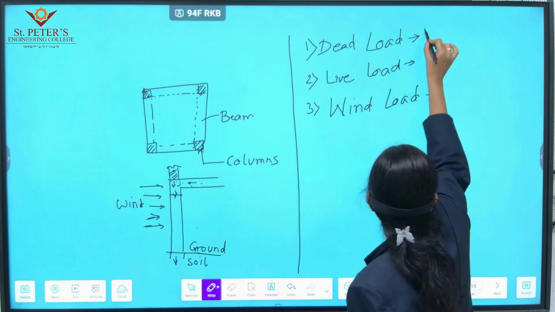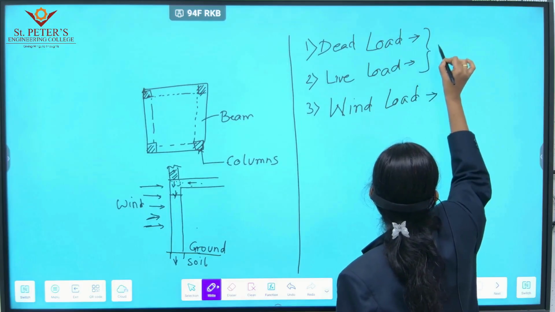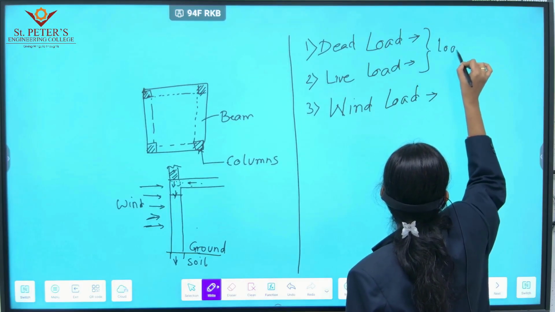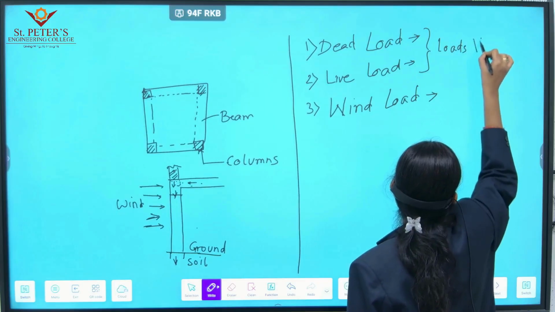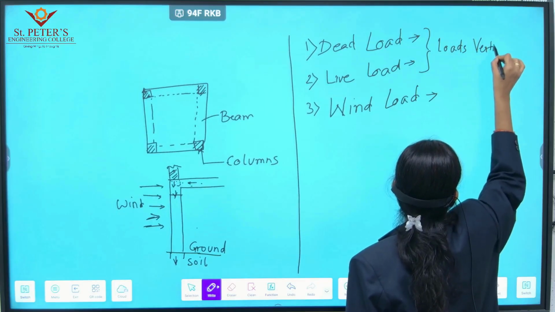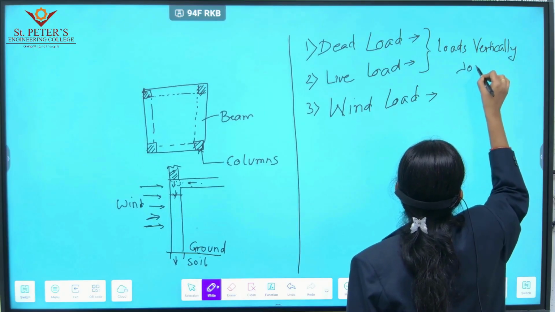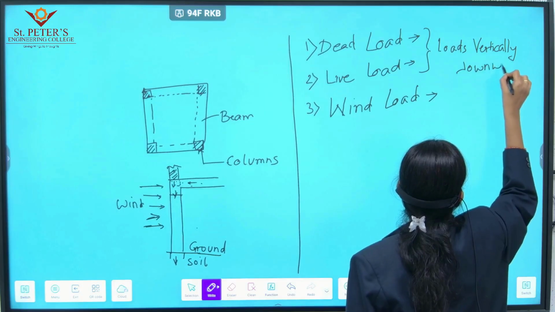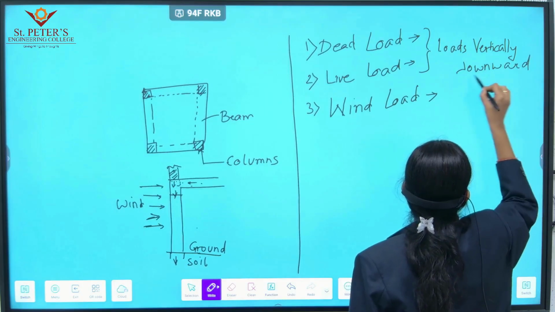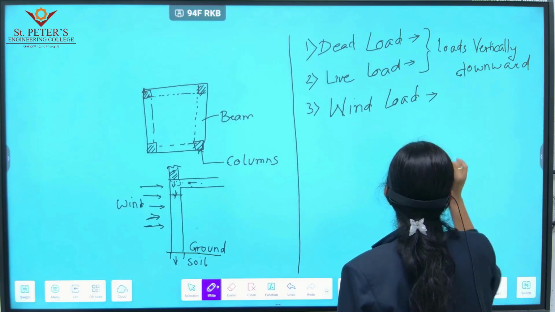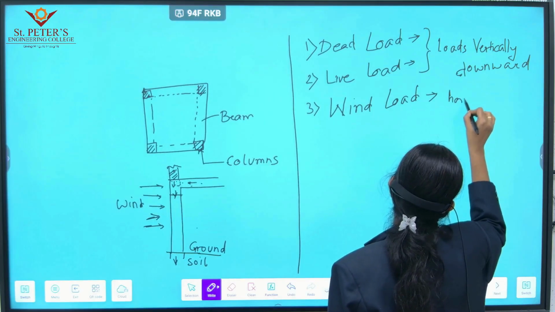In live load and dead load, the load acts vertically downward, or acts on gravity. But wind load acts horizontally or laterally.